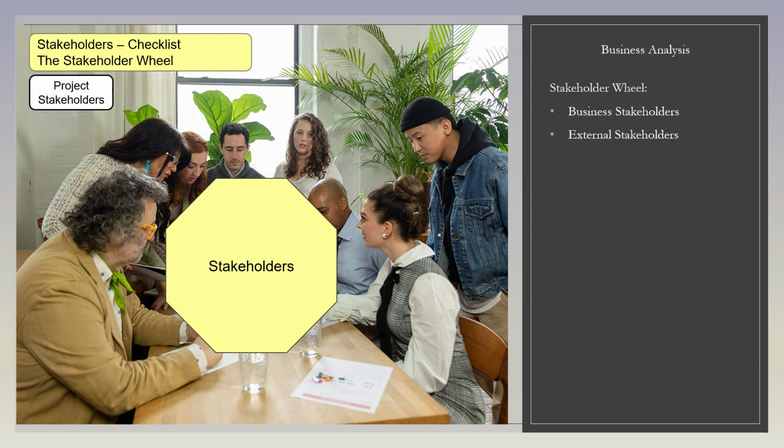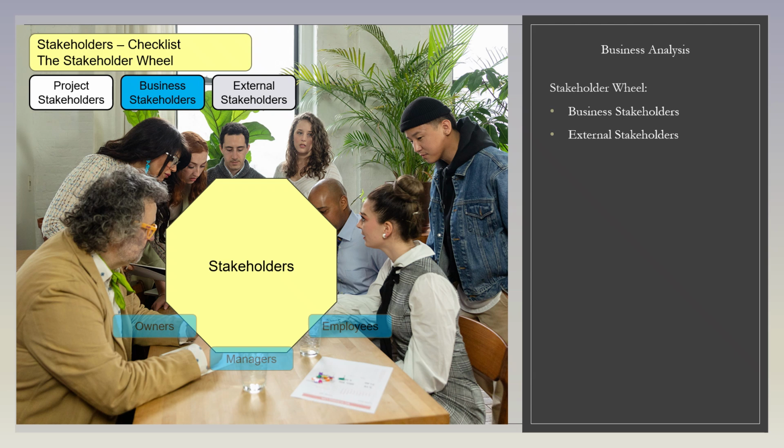A useful technique and an excellent starting point for identifying stakeholders is something called the stakeholder wheel. We've just seen that project stakeholders are the management and project teams. This helps with business stakeholders and external stakeholders by giving you a number of potential categories.